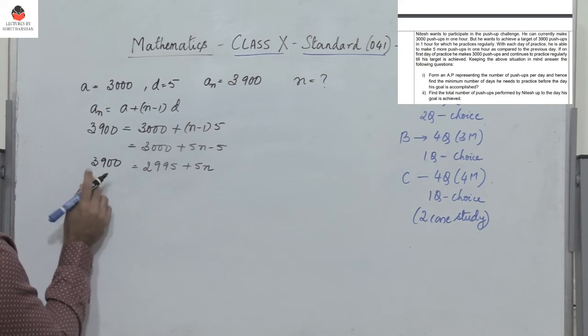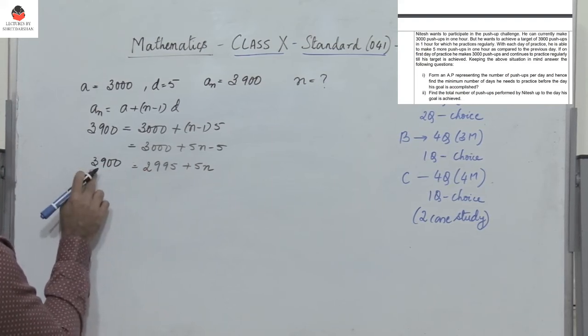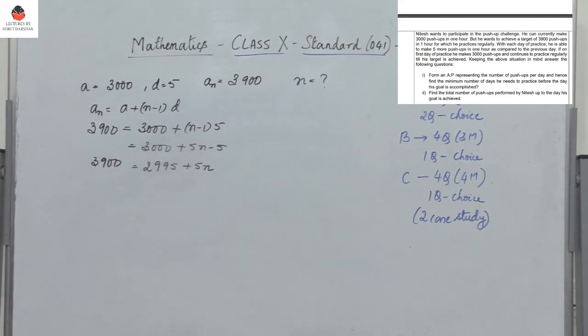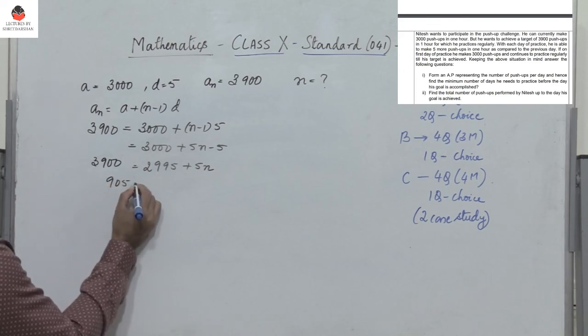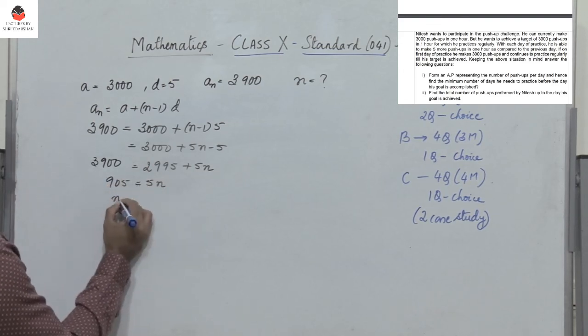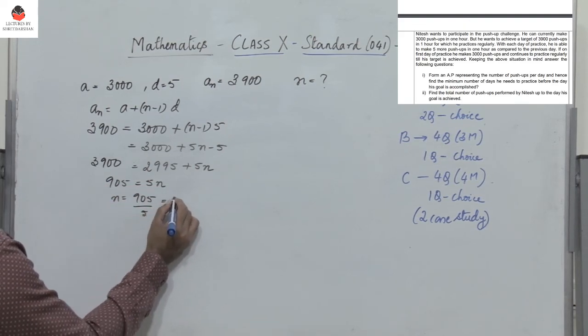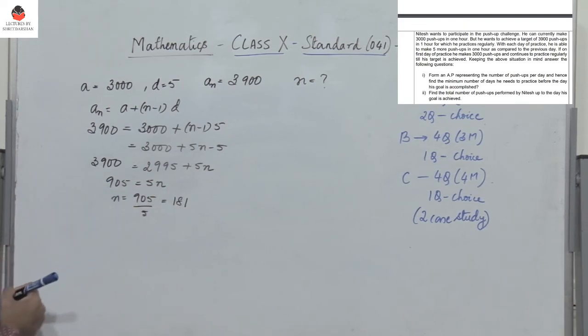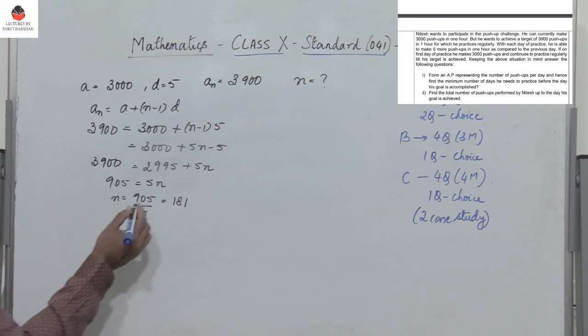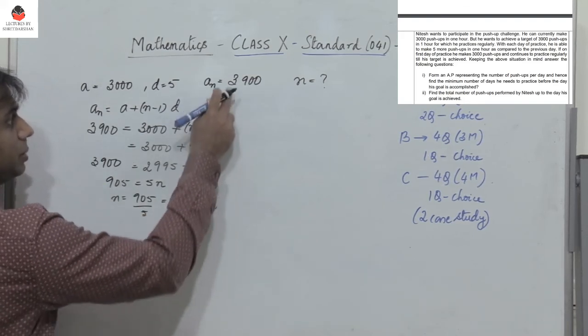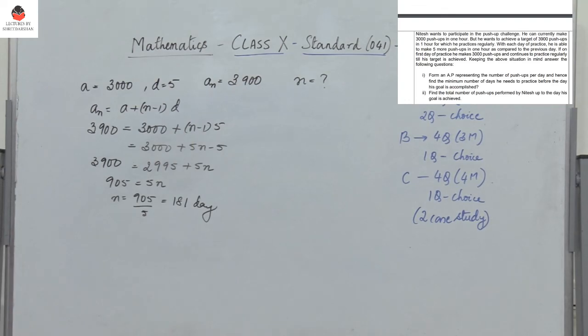So take this to the other side. So it is 3900 minus 2995. So you get 905 equals 5n. So n equals 905 by 5, which is 181. So therefore, he needs 181 days. So on the 181st day, he will be able to achieve 3900.